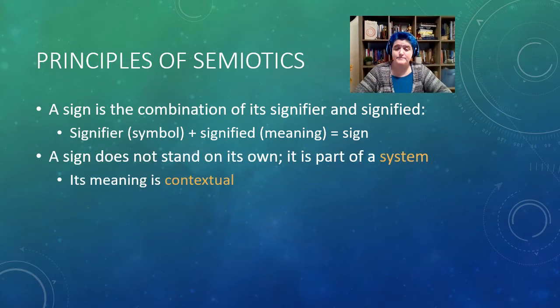A sign does not stand on its own. It is part of a system. Its meaning is contextual. That is, sometimes an eggplant is just an eggplant, but sometimes it's not. It depends on the context.